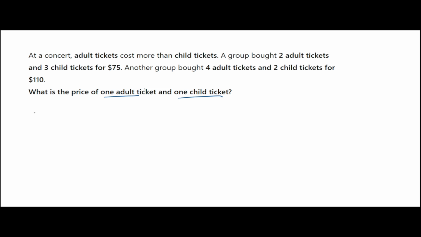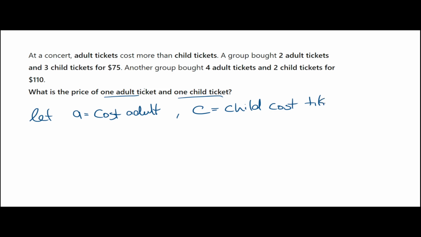Let's work it out. So first thing is our let statement. Let A be the cost for an adult, and let C be the cost of a child. The cost of 1 ticket for a child.